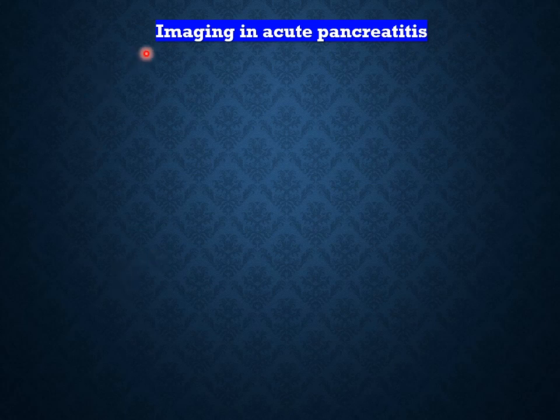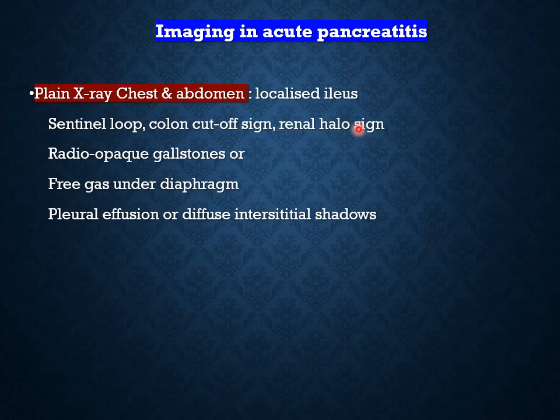Next we come to the imaging in acute pancreatitis. Plain X-ray and chest X-ray are important, which can detect local ileus, sentinel loop, colon cutoff sign, and renal halo sign. These are all important radiological signs. The X-ray may also show the presence of a gallstone.